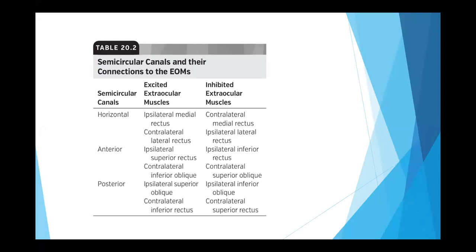Remember, when there is a movement in the horizontal semicircular canal, the movement is only right and left. There is no rotation. But when there is a movement detected in the anterior or the posterior semicircular canal, because of the involvement of the inferior and superior oblique, not only does the eye move up and down, it is also rotating inside and outside. Inside means towards the medial section, outside means towards the lateral side.